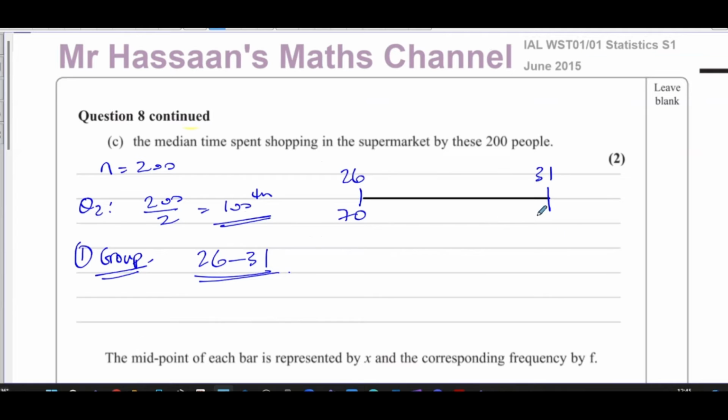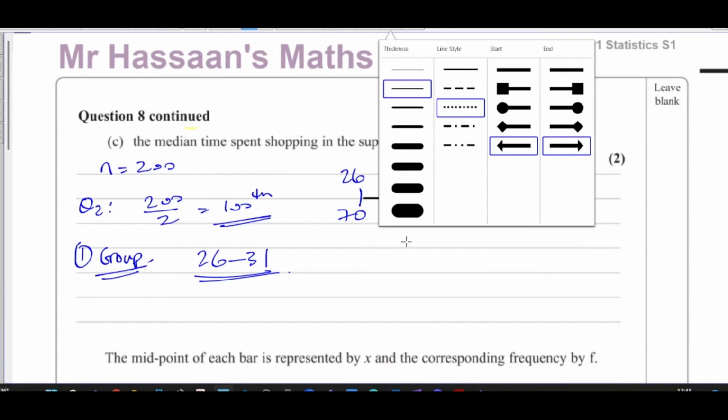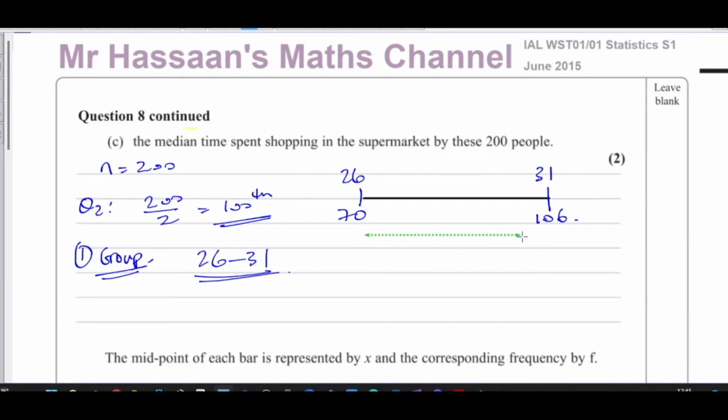So there's 36 entries in the group. I'll do that with another color to make it more neat. So we can see that the total group width of this group in terms of the entries is 36.